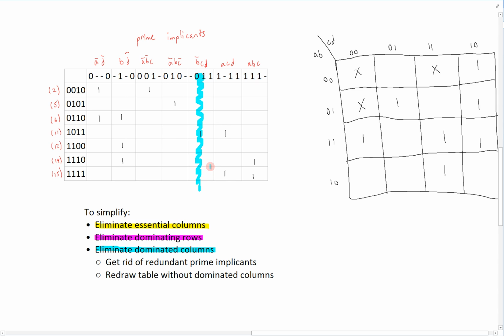So what does that mean on a K-map? Let's look at these two prime implicants. So first, we look at ACD. That's this term right here. And B bar CD.